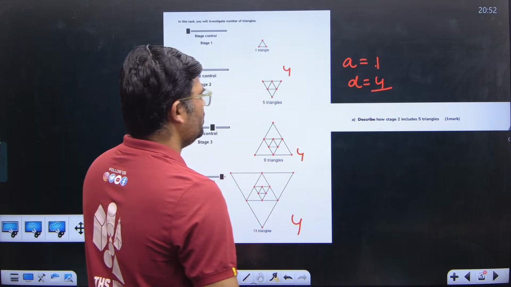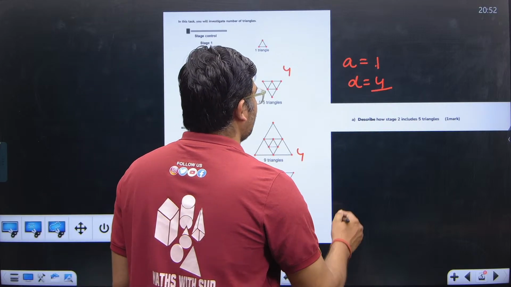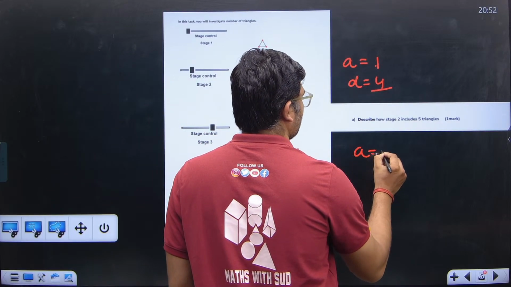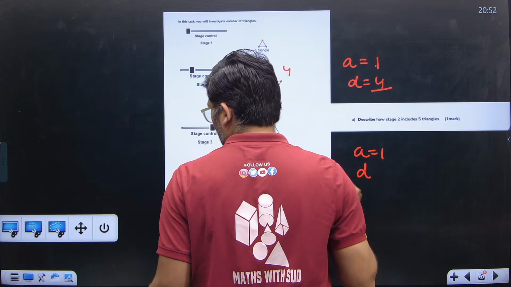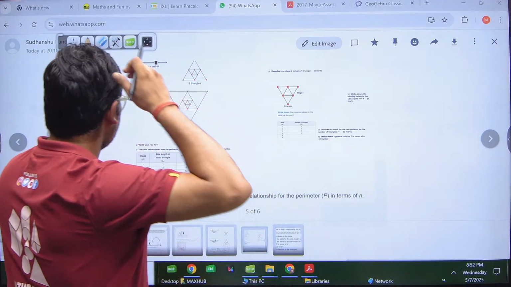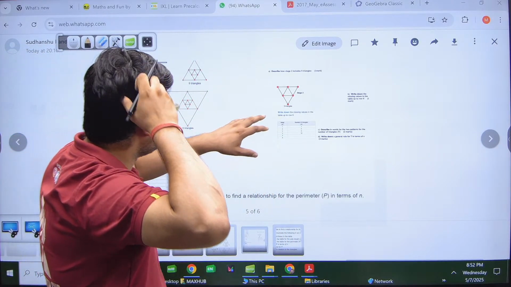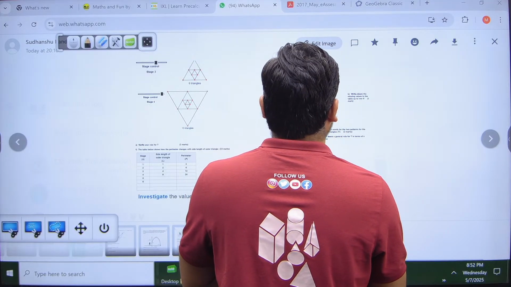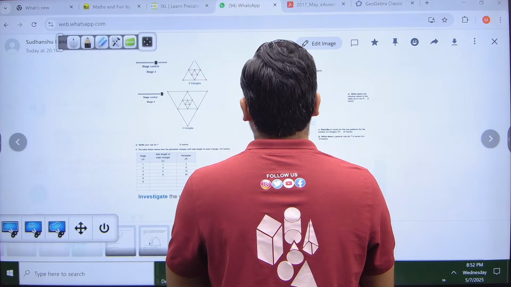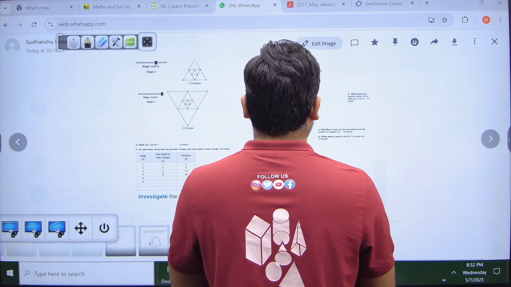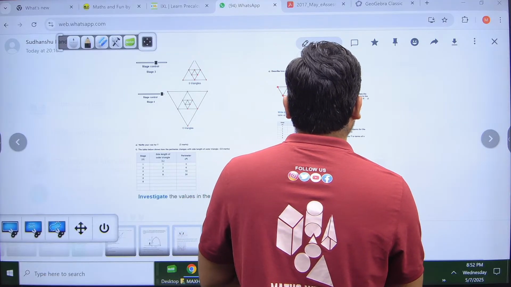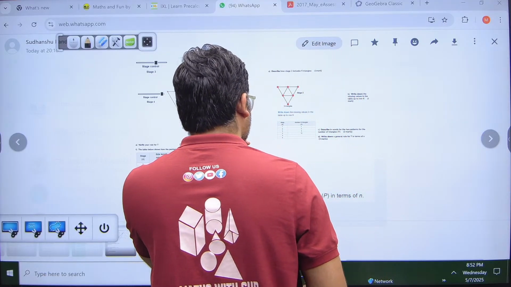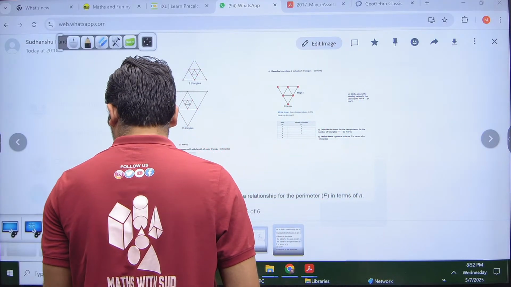So how to describe that? So you will say A is equal to 1. D, I think the equation might be given somewhere. Is there any equation given? Write down the missing values in the table up to row 6. Okay. Describe in words the pattern for the number of triangles T. Okay.